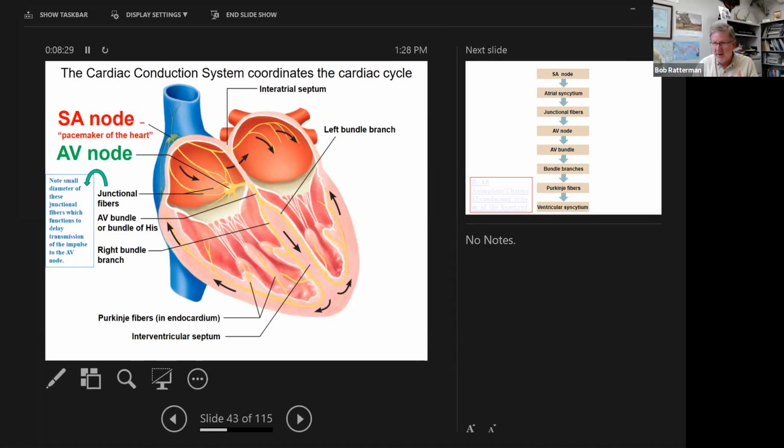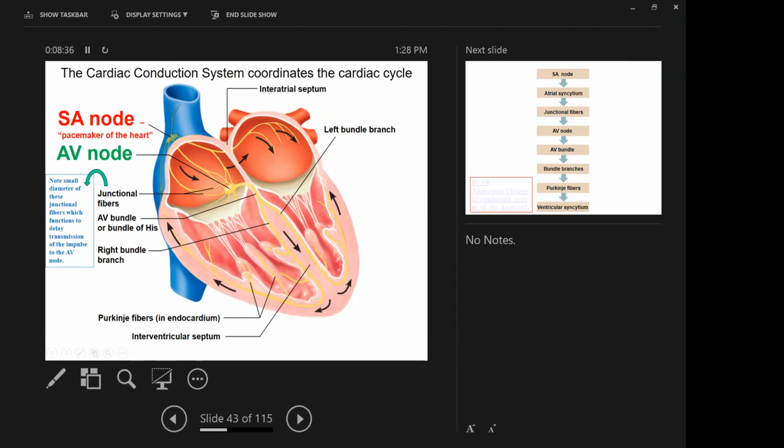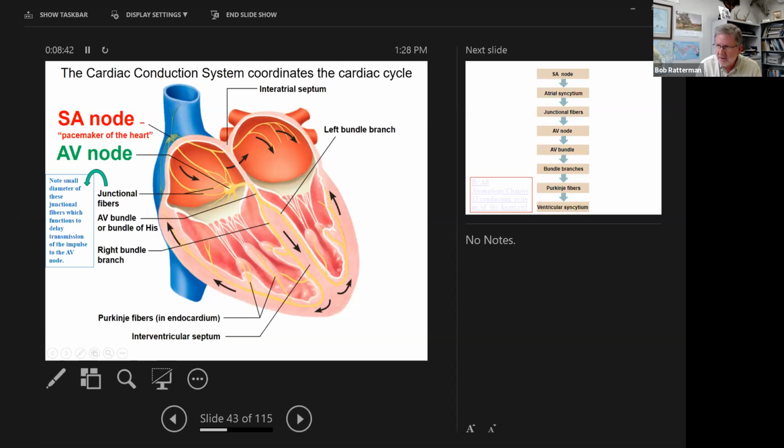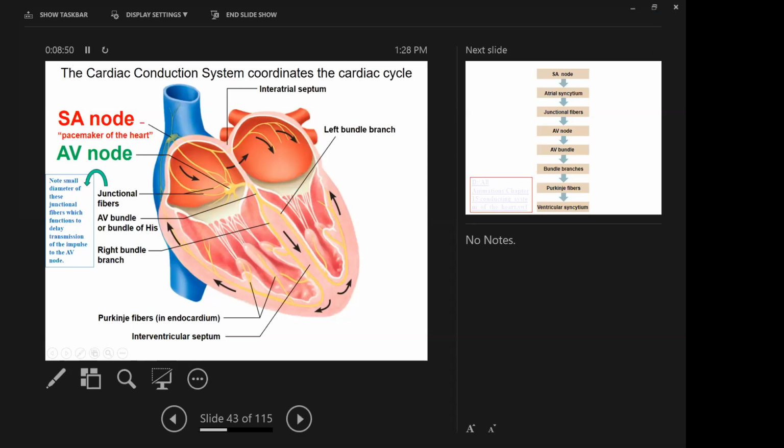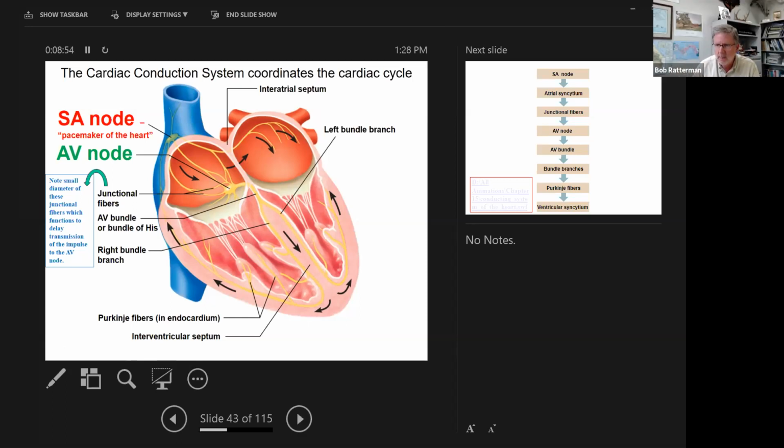So what governs the contraction or systole, as well as the relaxation or diastole, is this cardiac conduction system. So the atria are the first to contract. At the same time the ventricles relax, then the ventricles contract in preparation for atrial relaxation, and then we repeat the process again.